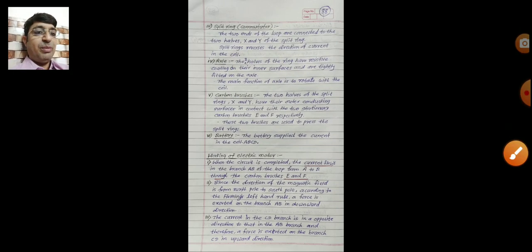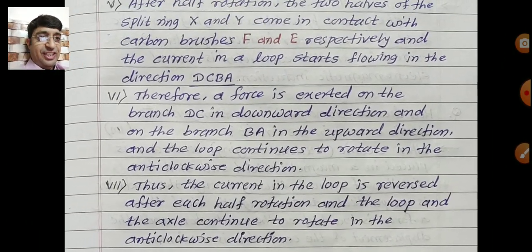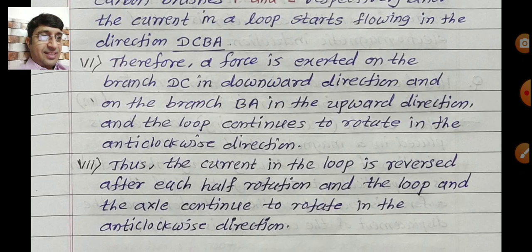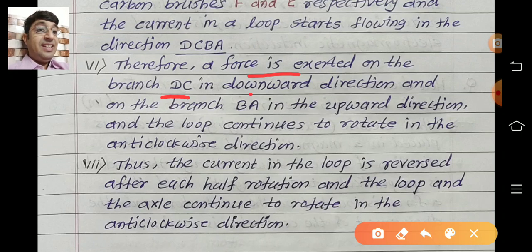Now check here what happened after half rotation. After half rotation, there is a change. So I am showing, check. Therefore, a force is exerted on the branch DC in a downward direction. Initially in upward direction, now in downward direction, and on the branch BA in upward direction.